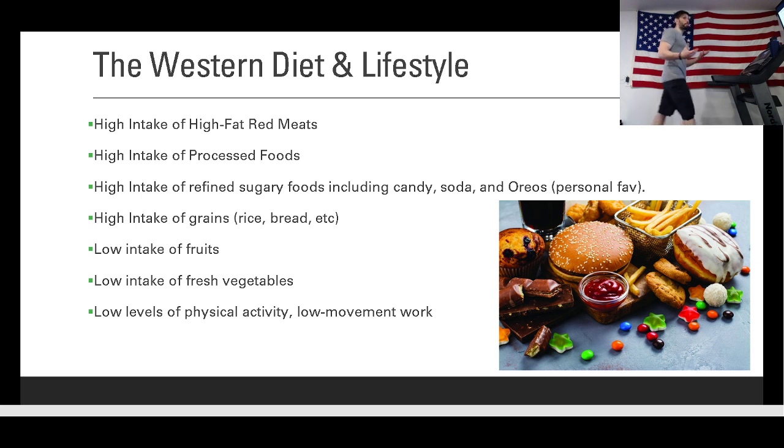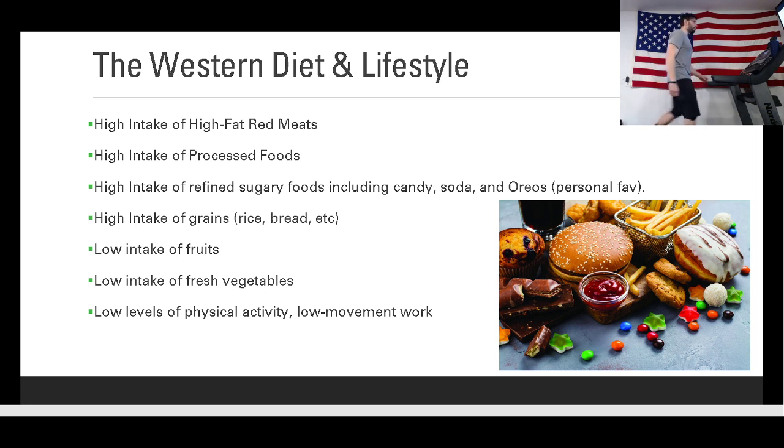Those are all examples of processed food, right? Now, that's a healthier processed food than, say, candy, but still, it's a processed food. It's not something that is found in a natural state, if you will.